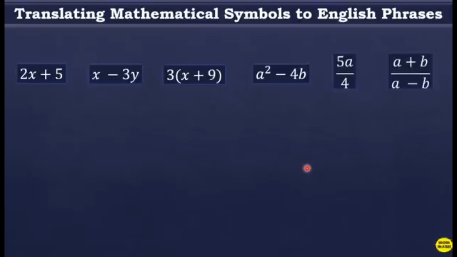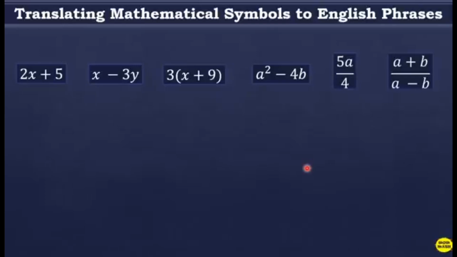Now, how about we go the other way around? For example, here we're going to translate mathematical symbols to English phrases. So, how are we going to translate these symbols into phrases? Now, bear in mind that there are so many ways on how to translate this. It depends on the usage of the symbol that we are using.